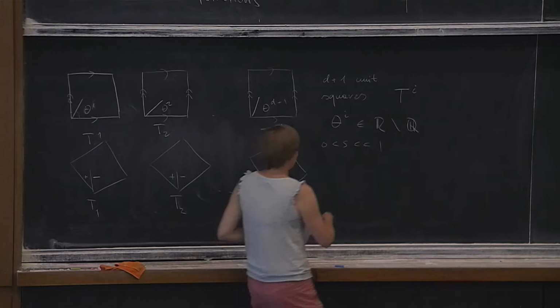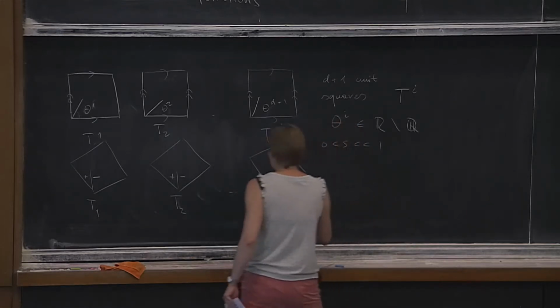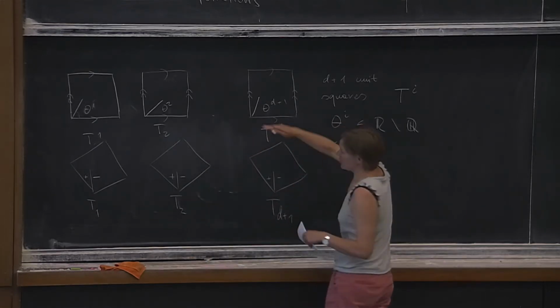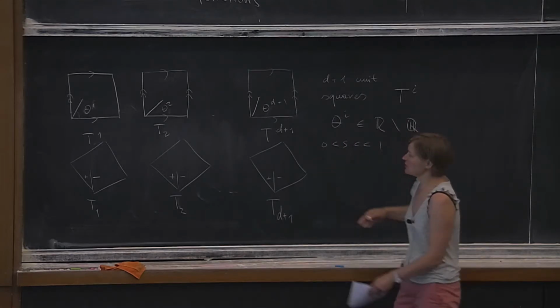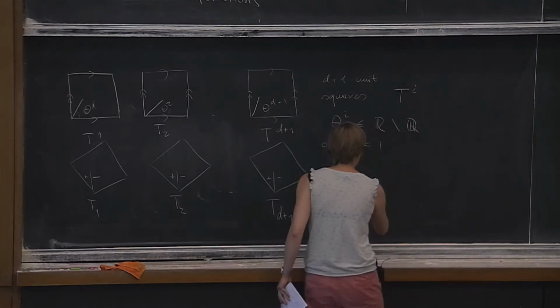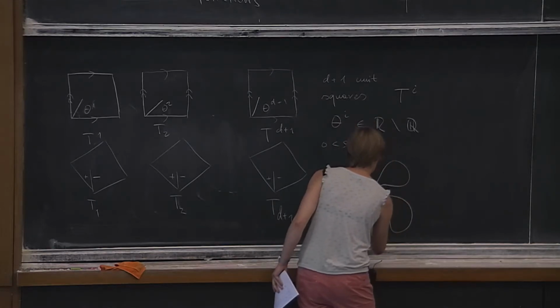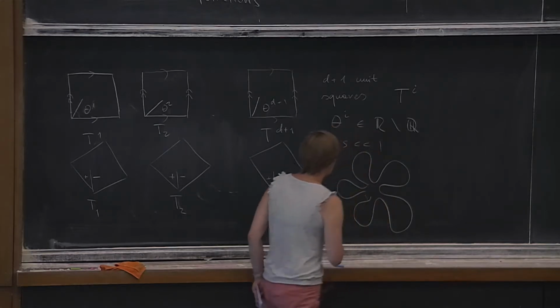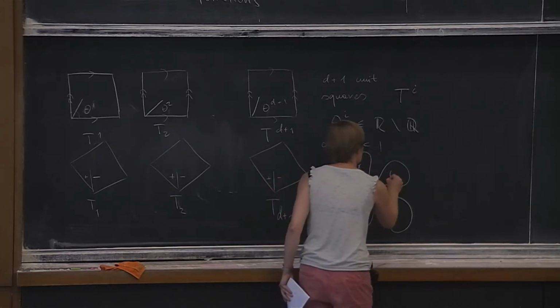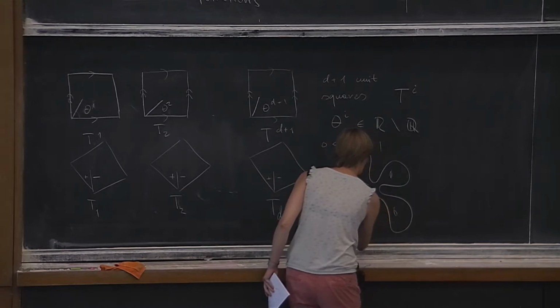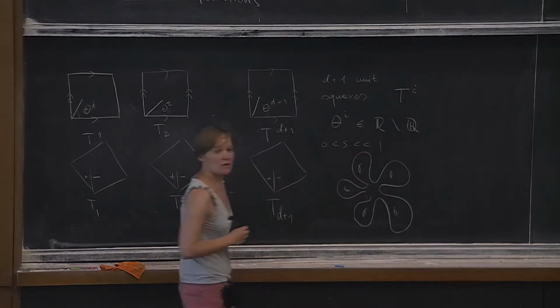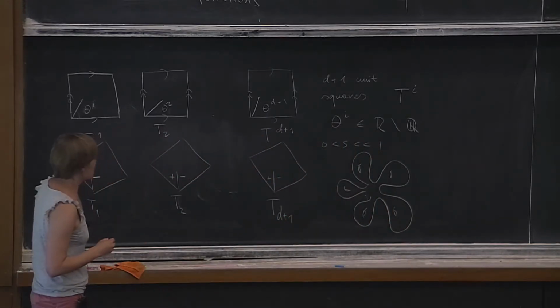And as I said, I'm also gluing the opposite sides of the tori. And what I get is a surface of genus D plus 1.